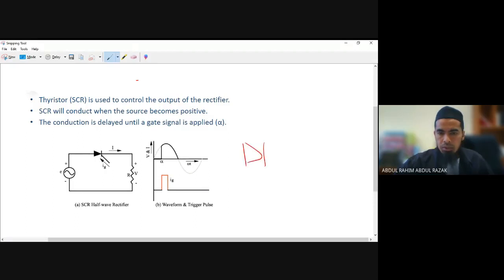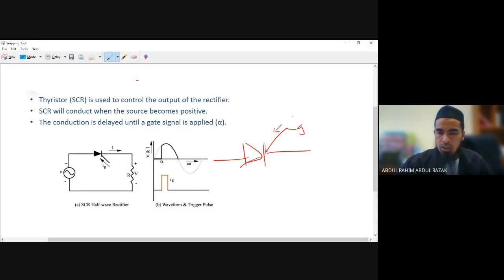If we have a diode or power device, it includes the marking here. What we use this part for is to induce a signal to the power switch.